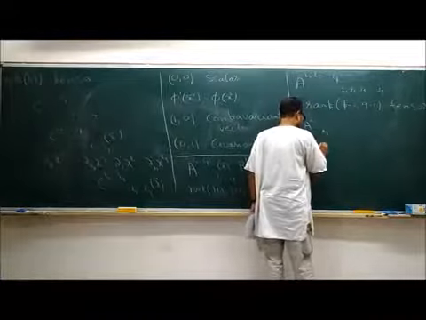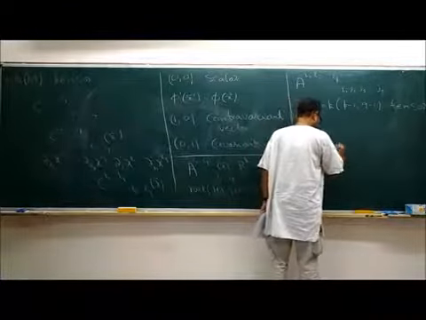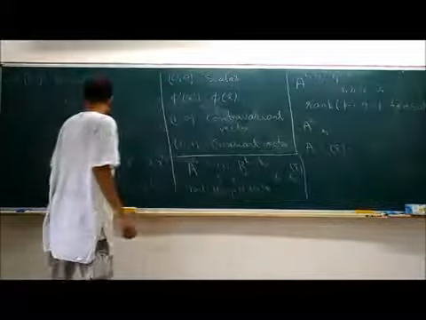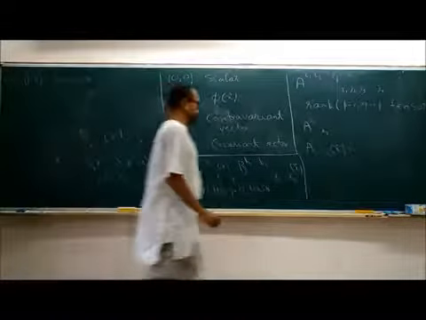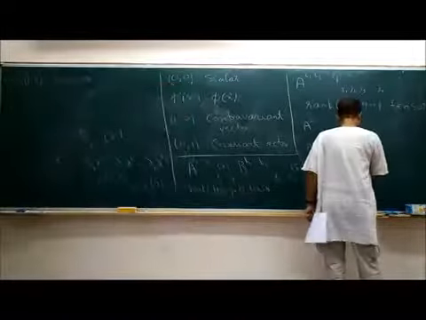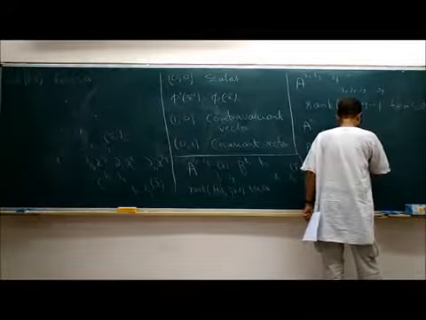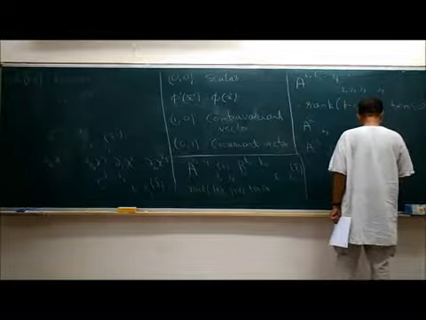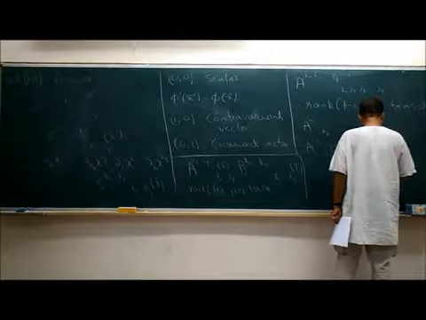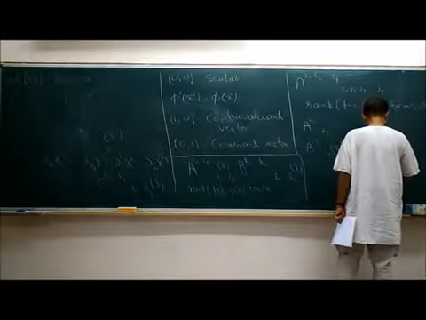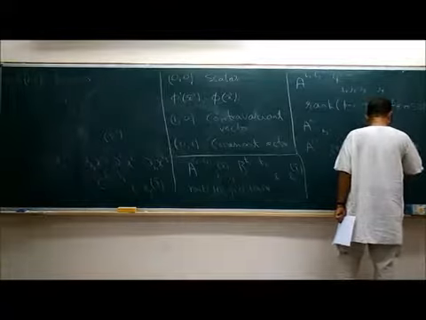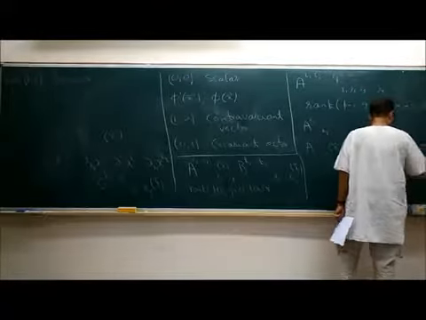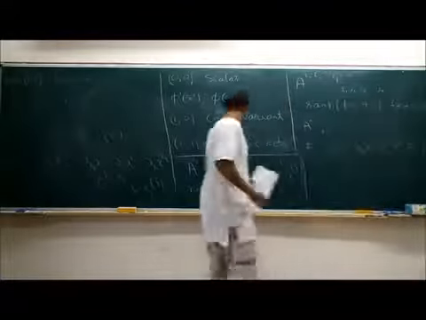So A prime i1 i1 of x prime transforms as del x prime i1 over del x k1, del x l1 over del x prime i1, A k1 l1 of x. That's from this definition.